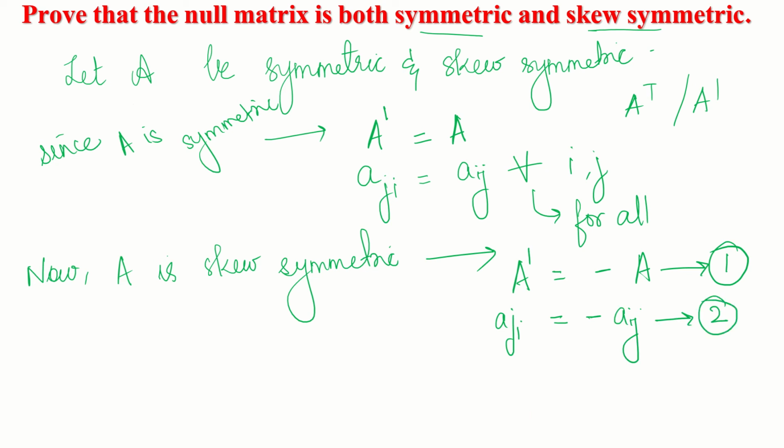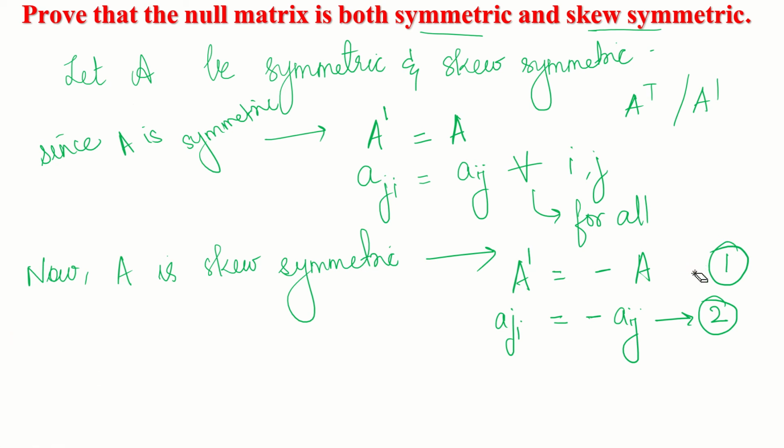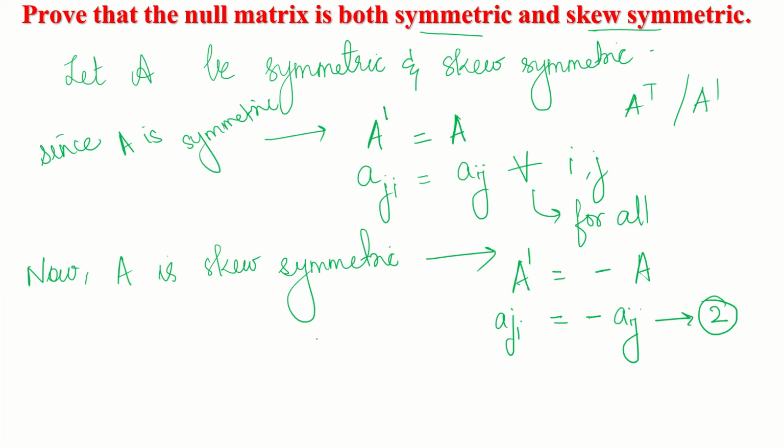I made a mistake here, let me just erase it. Now this is equation 1, and this is equation 2, and what I'm going to do is add equations 1 and 2.